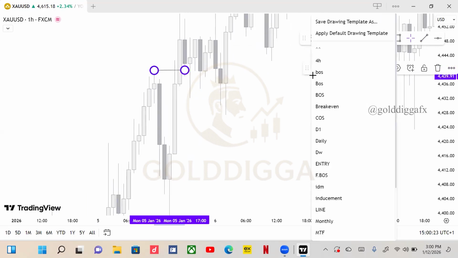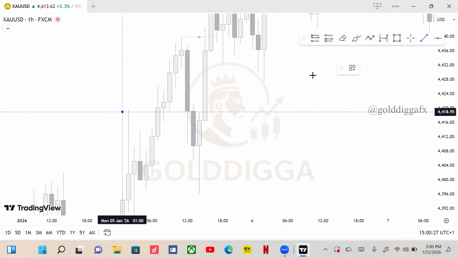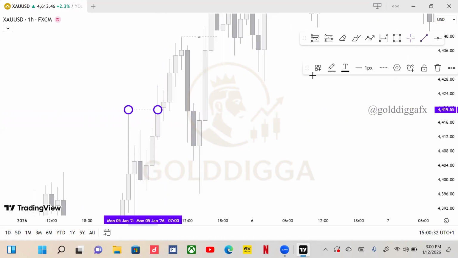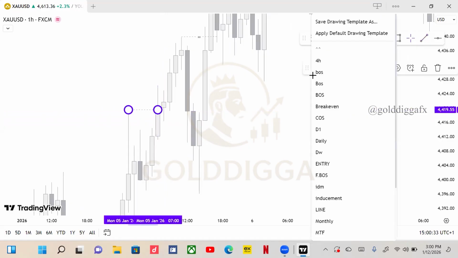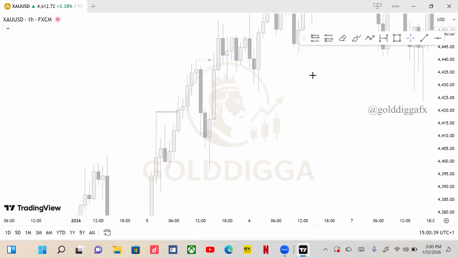We just had a break of structure from here. And this is your 1 hour higher high. And price is pulling back inside. And we just want to see price give us a pullback for a second entry so that we can make a new high, right?